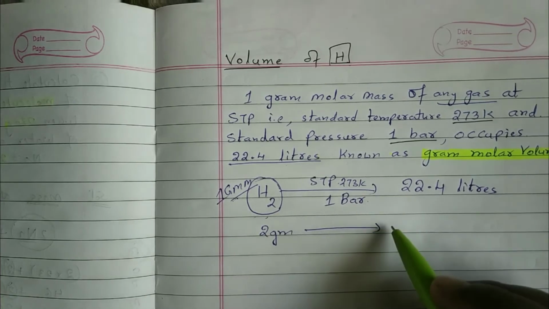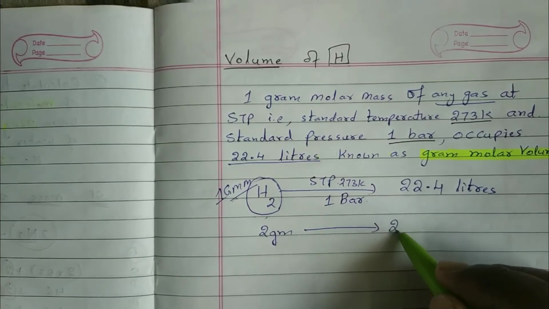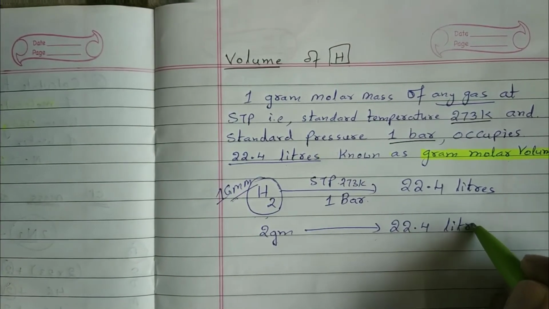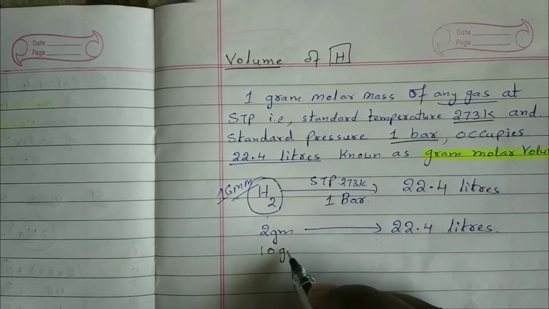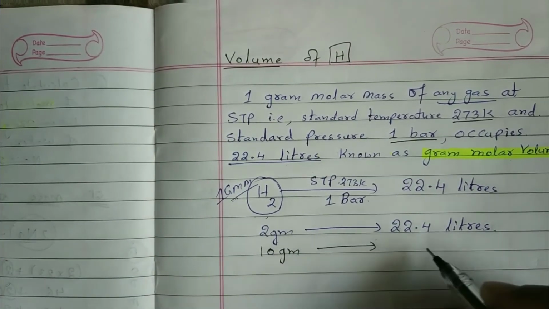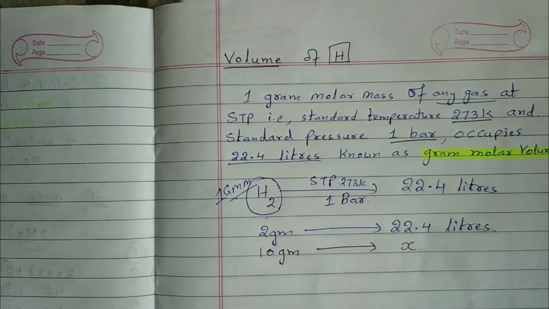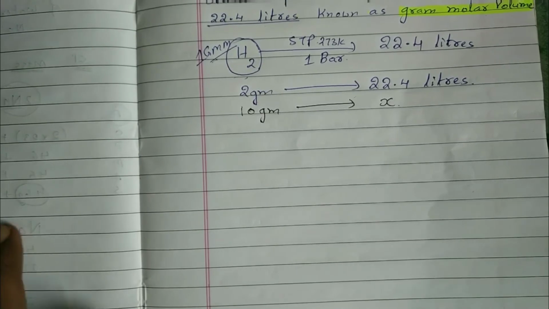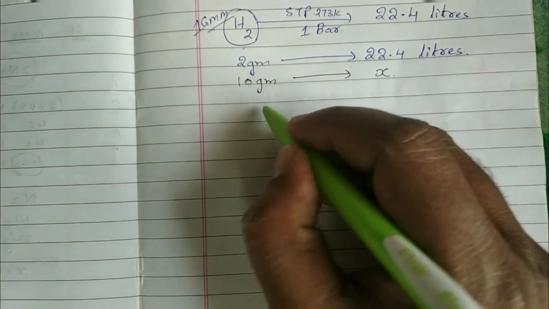So now 2 gram is taking 22.4 liters. So now we need the volume for 10 gram. So 10 gram, how much does it occupy? Okay, again same, what you have to do? You have to do the cross multiplication.